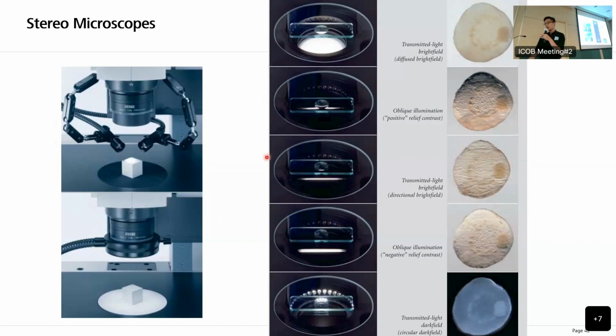So here you can see we can have like 5 types of different illumination to observe the transparent samples. You can see there are different effects. You can emphasize the transparency, or you can emphasize the curvature of your sample.